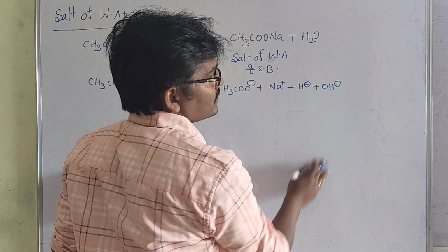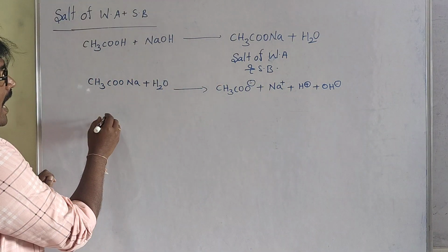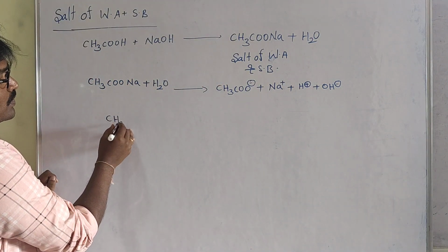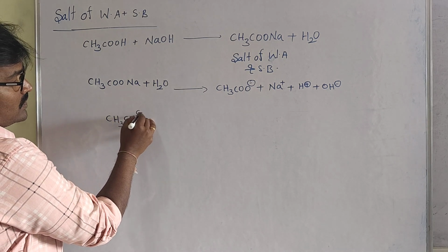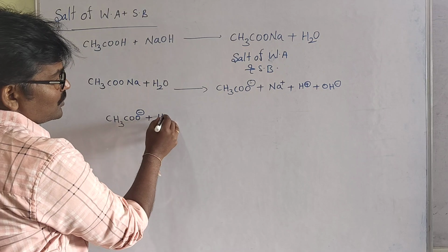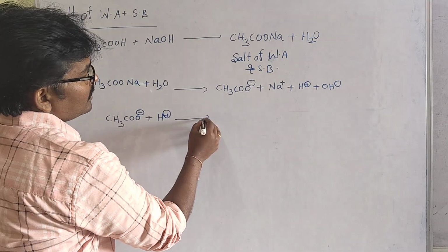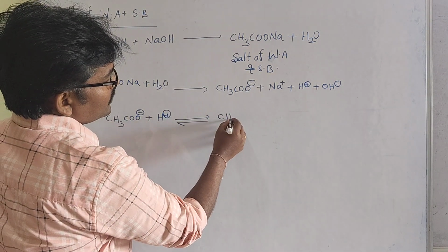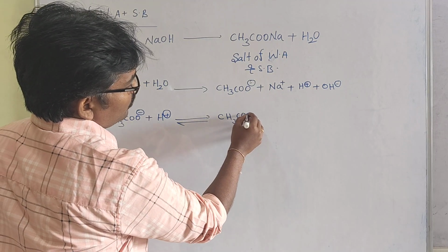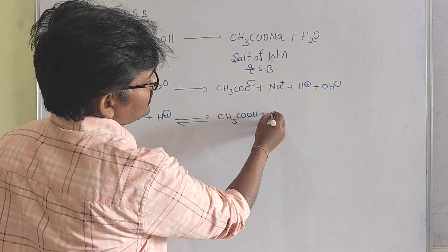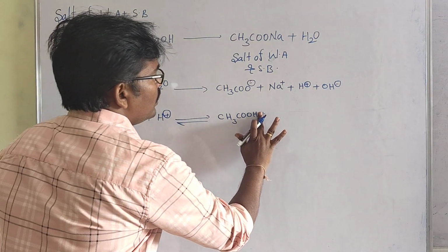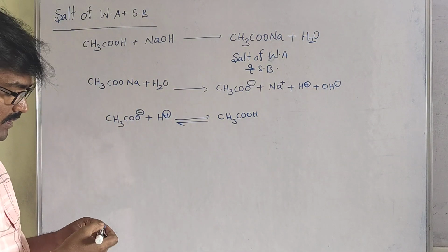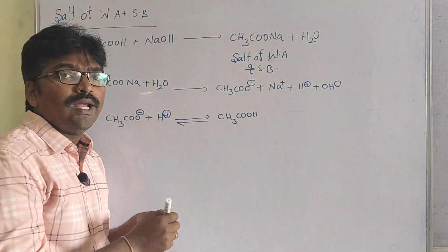Then the anion first attaches to H plus: CH3COO minus plus H plus combine and CH3COOH is formed. Look, my dear students, it is a weak electrolyte, right?